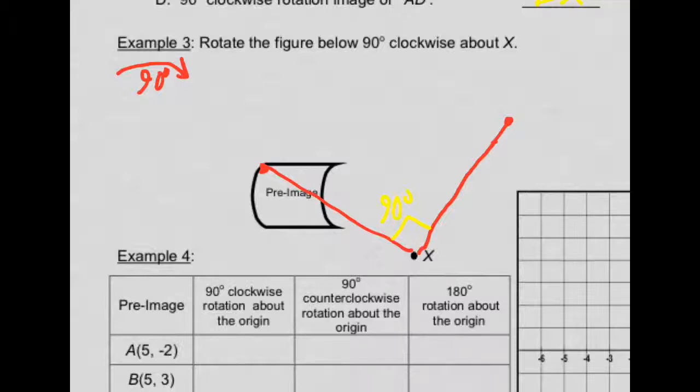And then what you're going to do is you're going to put your patty paper on there, and you're going to trace this line on your patty paper, and you're also going to trace the image on your patty paper. So we've got our image there traced on the patty paper along with the line. We've got the pre-image traced.